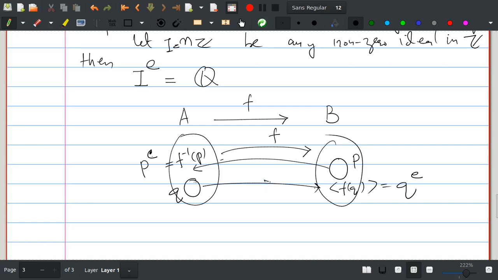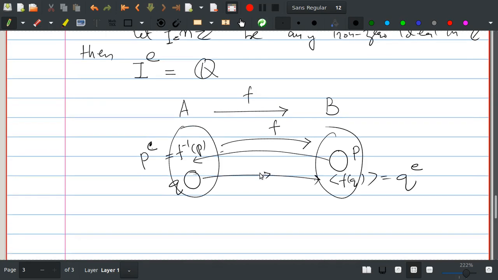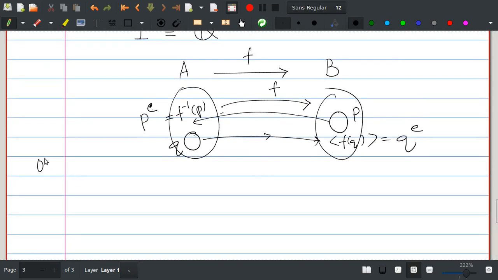We'll see some examples in a bit. So let us make this observation here. So this is the first observation.